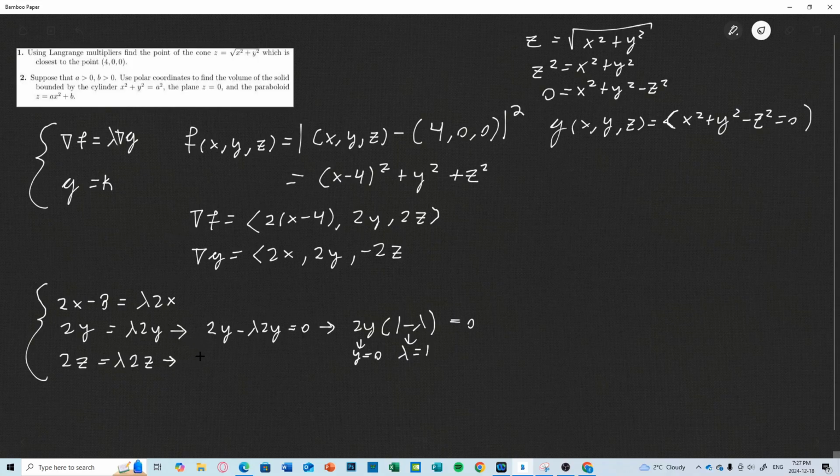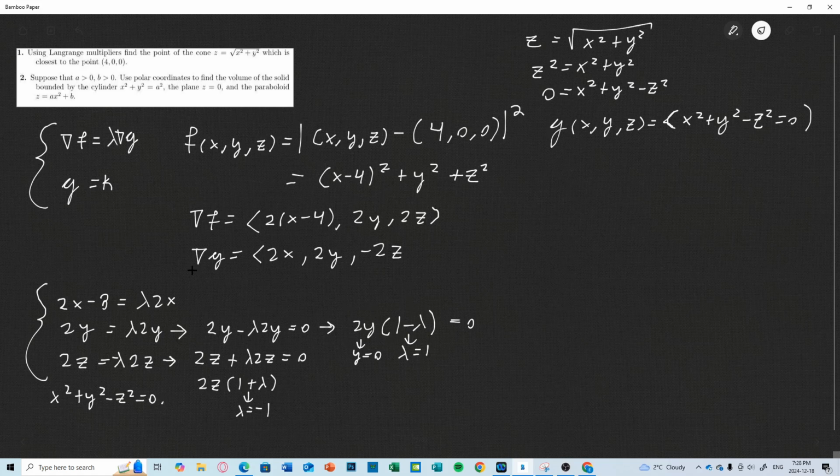We will have 2z plus lambda 2z equals 0, which gives us 2z, but this time it is going to be 1 plus lambda, meaning that lambda would be negative 1 here. And don't forget to write the constraint at the bottom: x squared plus y squared minus z squared equals 0.